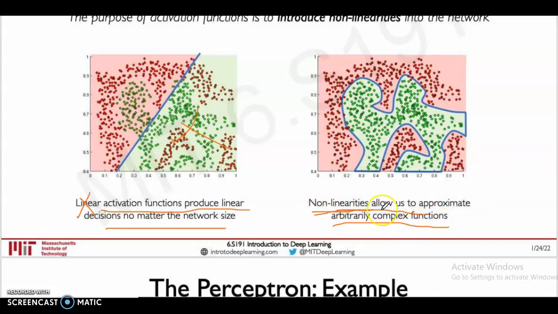Focusing here on green, non-linearity allows us to approximate arbitrarily complex functions, like this complex function.